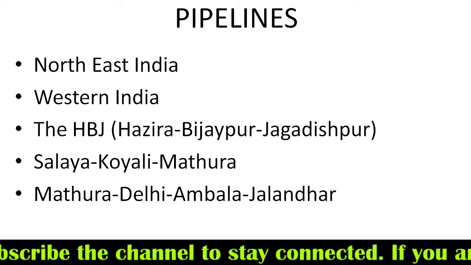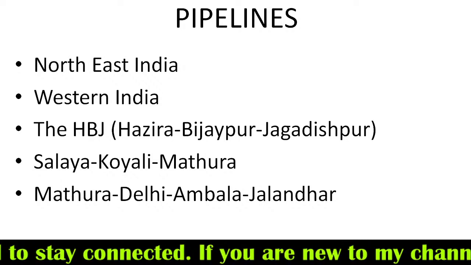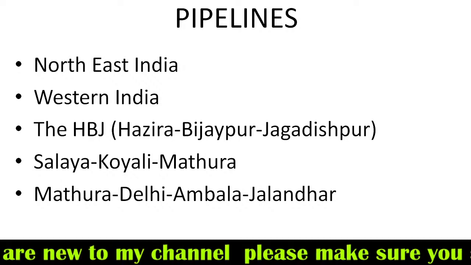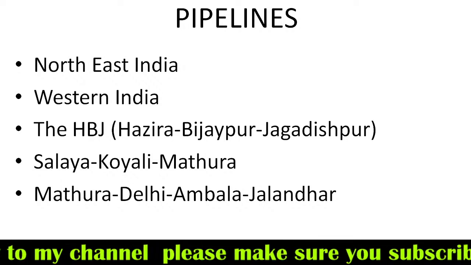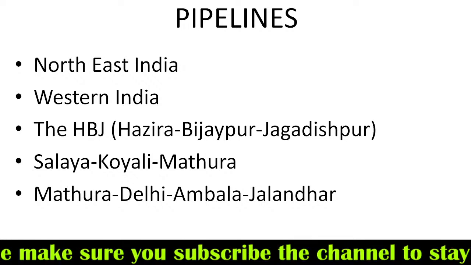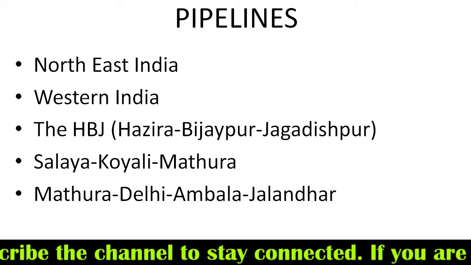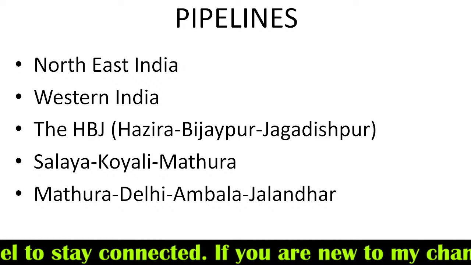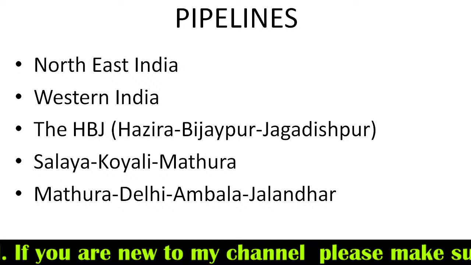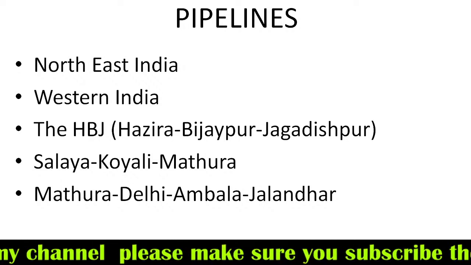So Salaya in Gujarat, Koyali also in Gujarat, Mathura in Uttar Pradesh, and finally ending its journey at Panipat in Haryana. Now we have Mathura, Delhi, Ambala, Jalandhar, also another prominent pipeline, but this pipeline is used for petroleum products.